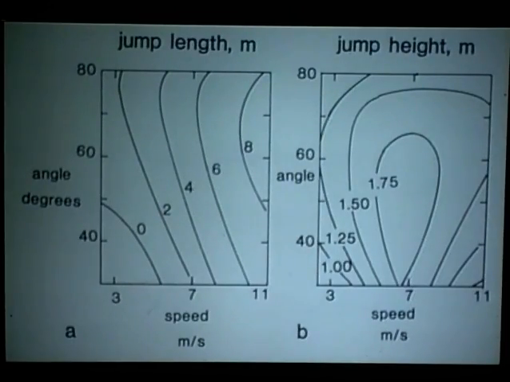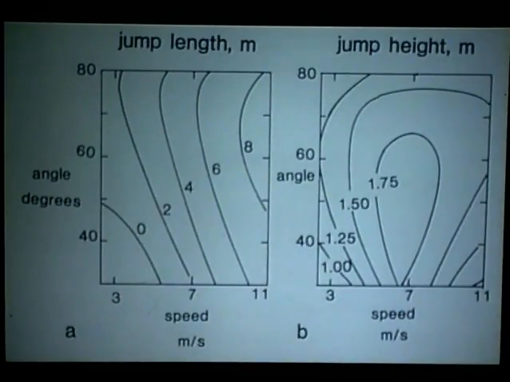But now let's look at the right-hand graph, which represents high jumping. Same axis, but this time the contours represent the height of a jump. And do you see, it's no longer advantageous to run as fast as possible.